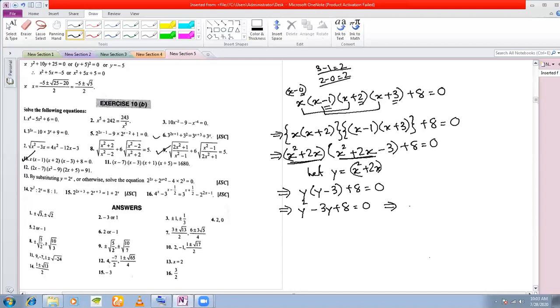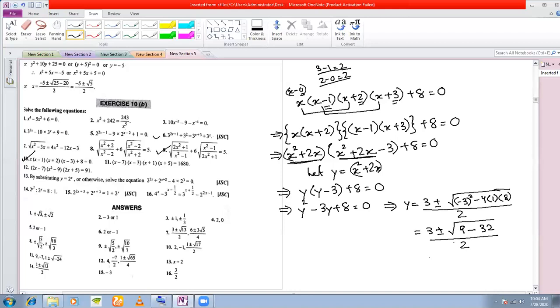Minus b plus or minus root over b square minus 4 into a into c, that is minus of minus 3, plus or minus root over minus 3 whole square minus 4 into 1 into 8, divided by 2 into 1, which is equal to 3 plus or minus root over 9 minus 32, divided by 2.